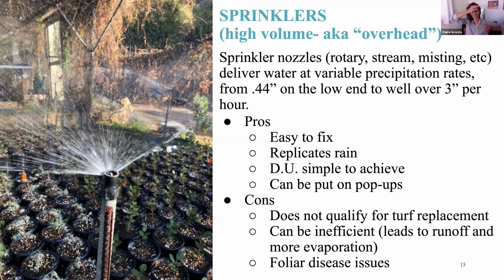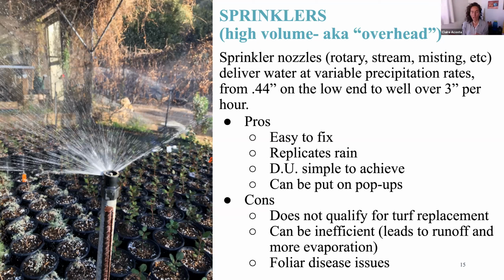You just have to have that head-to-head overlap with the spray, so you can cover the whole space with water and mimic the rain. Another pro is you can put it on pop-up, so they can be underground and then pop up, and again, essentially overhead water.